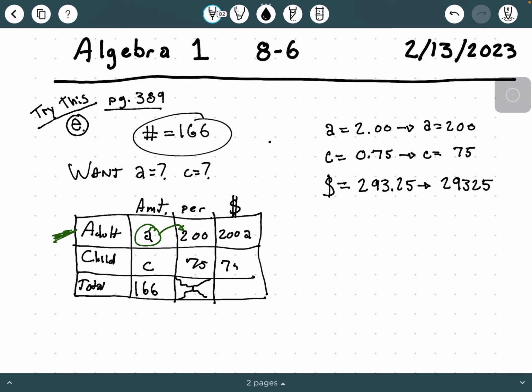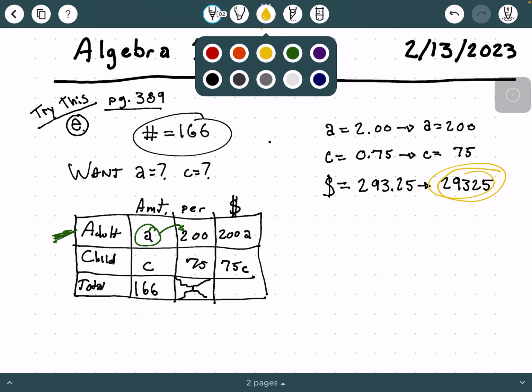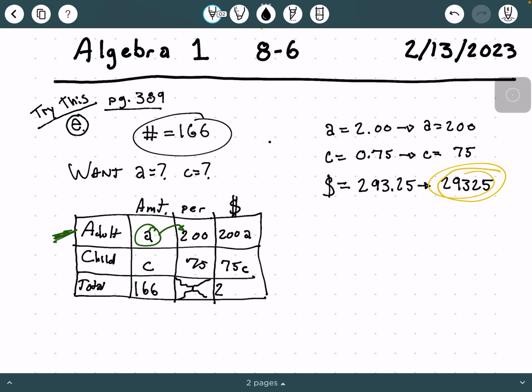We would have 75 cents per child multiplied by the number of children. Well, what about our total money? They actually gave us our total money over here, right? So our total money would be 29350. Oh, maybe I'm dyslexic. 29325.